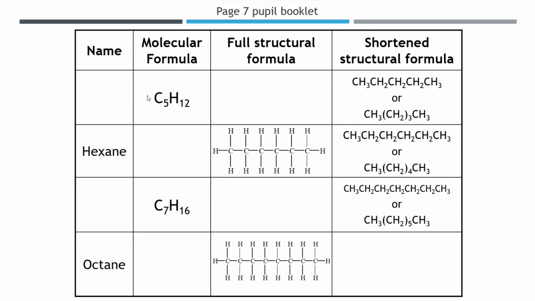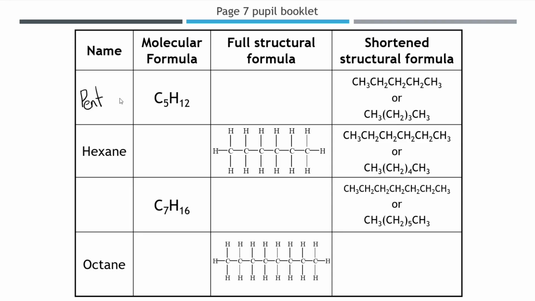So the first one, we don't know the name, but we do know the molecular formula, and it is C5H12. Now the C5 tells me, if I remember my prefixes, monkeys eat peanuts but prefer, that's the second P, so that must be pent. And as we know, a five-sided shape is a pentagon, and it's probably quite an easy one to remember. What will the rest of the name be? Well, they're not always going to be alkanes, so we can't just always write down ANE.